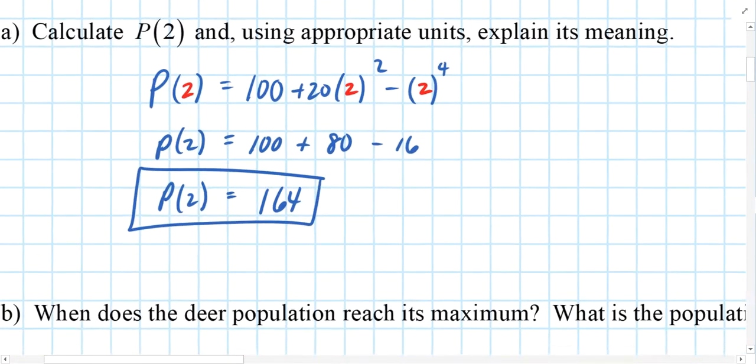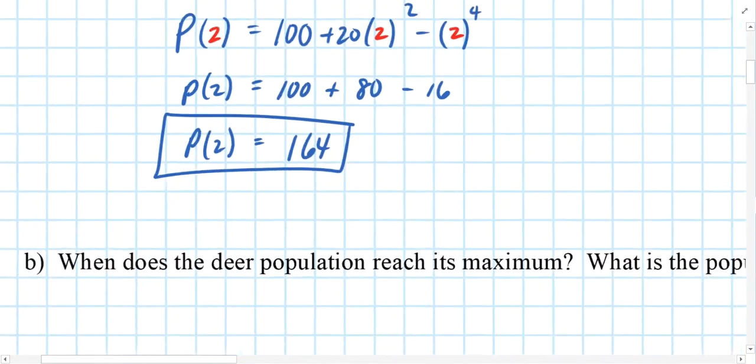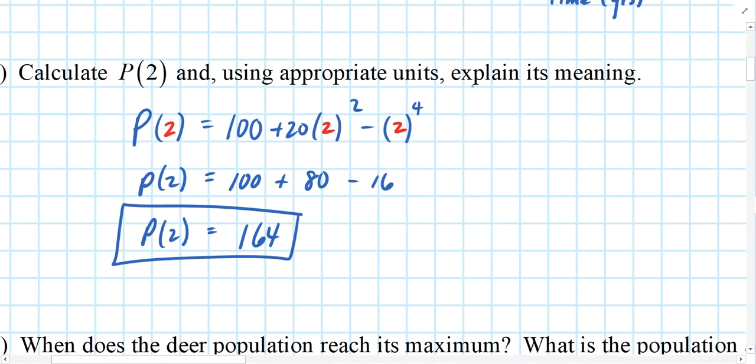And coming from the equation, we would say P of 2 equals 164, but let's not forget we should be able to explain what it means. And of course, the 2 represented time, and 164 is the population. This was a population calculation based on 2 years of time, so the end result is 164.